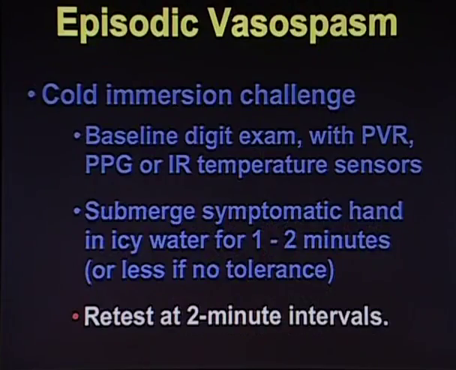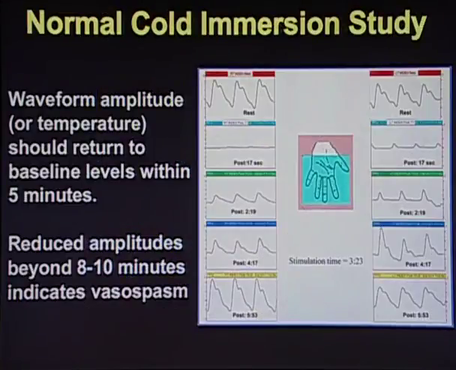Now, we retest after the cold submersion at 2-minute intervals. So we take the hand out of the water, we dry it off, we reapply our pulse volume recording cuff or our PPG sensor. It's been shown that rewrapping the PVR cuff on the digit afterwards can introduce an artifact, as we may have the cuff wrapped looser the second time or tighter the second time.